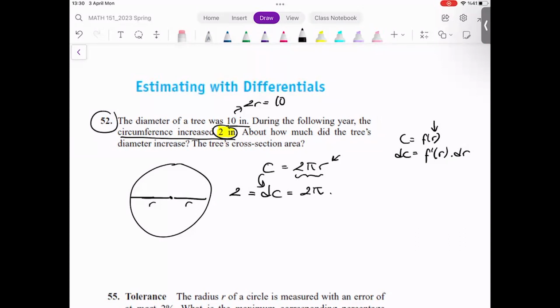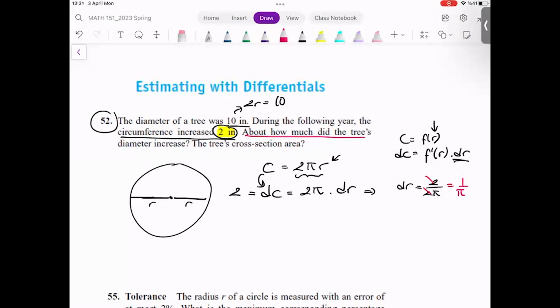It is 2 pi, and then you multiply it with dr. So 2 inch, which is a very small change in circumference, is denoted by its differential, and 2 is equal to 2 pi dr. From this line, you can solve for dr as 2 over 2 pi, and after simplifying, it is 1 over pi. In fact, this is the answer of the next question.